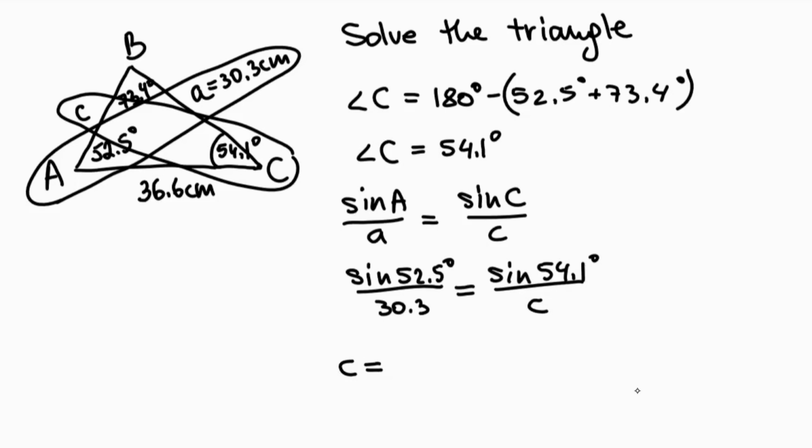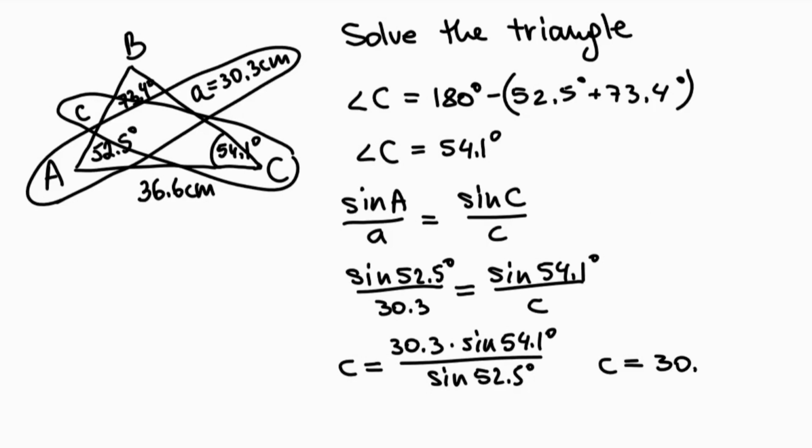Now from here, we're cross multiplying, C will equal 30.3 times sine 54.1 degrees over sine 52.5. So C equals 30.9 centimeters.